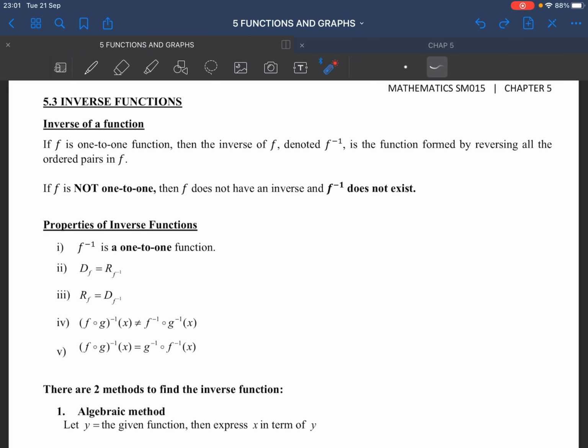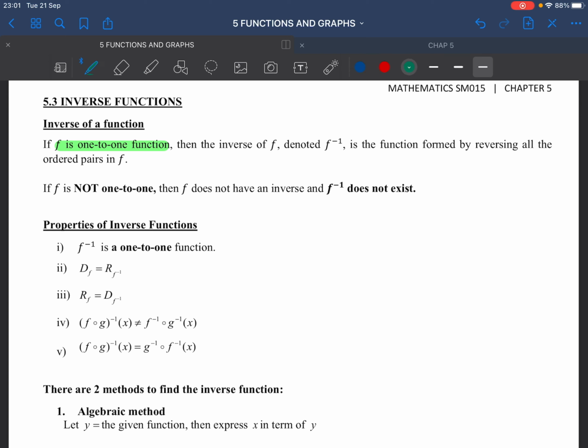Okay, so first, here says that if f is a one-to-one function, then the inverse of f, denoted by f inverse, is the function formed by reversing all the ordered pairs in f.